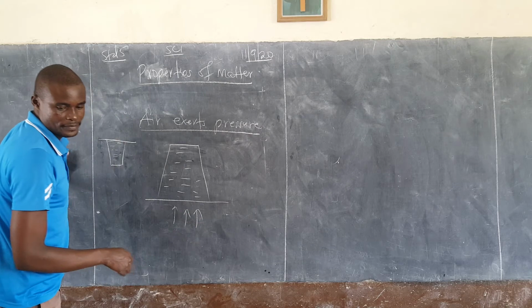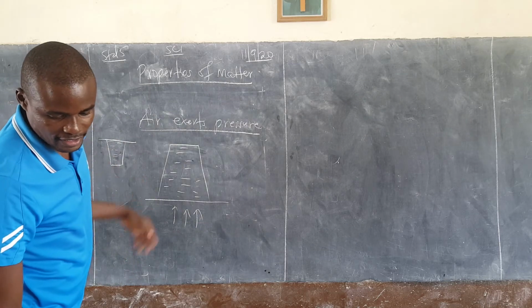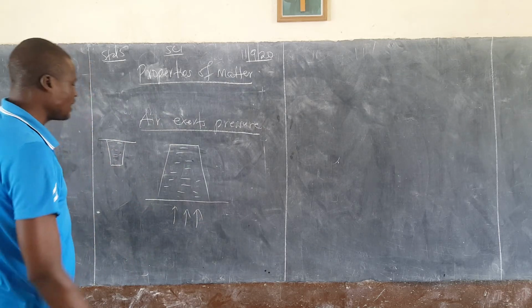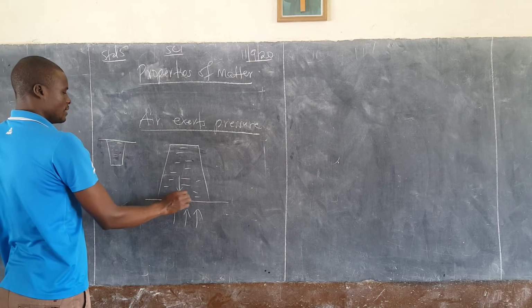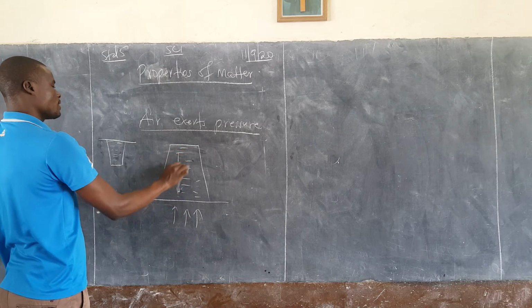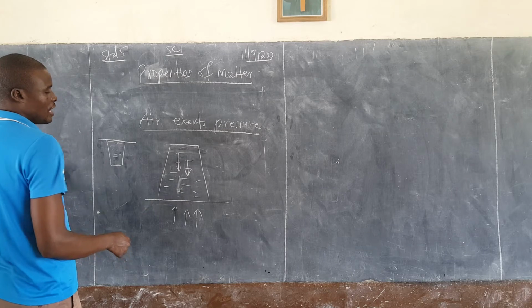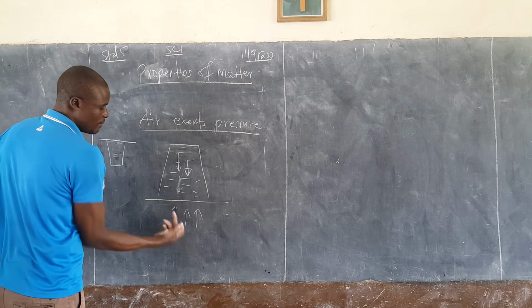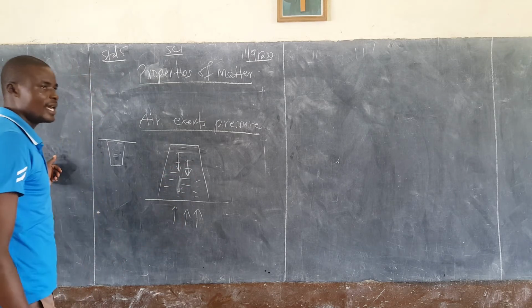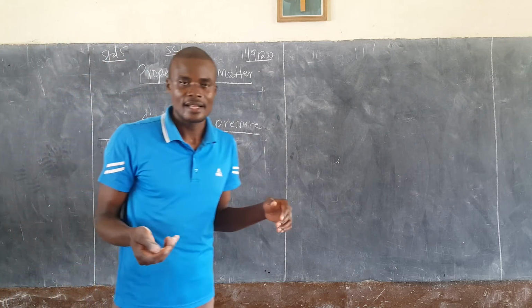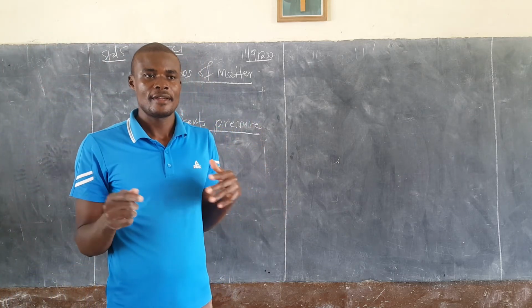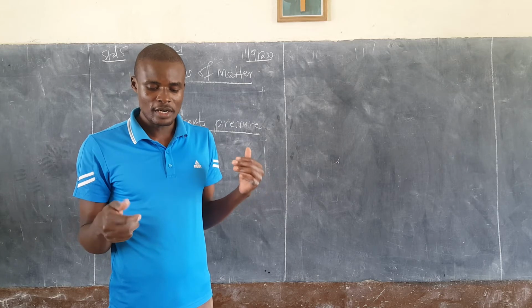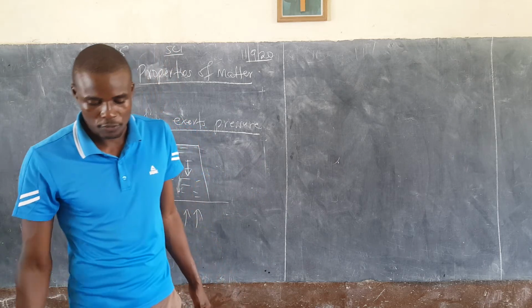The air exerts pressure, and there is another force coming from this side, which is the same as the force coming from the other side. Hence, the bond is maintained. The cardboard that we put there will remain, and hence it will not fall down.